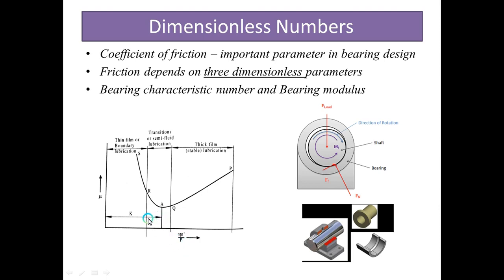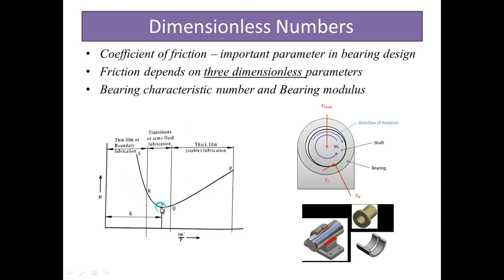That optimum level, or critical value, is represented by the bearing modulus. This K value which I have indicated here represents the location at which the friction is very much less, at point A. Apart from point A in the curve, the friction is increased.